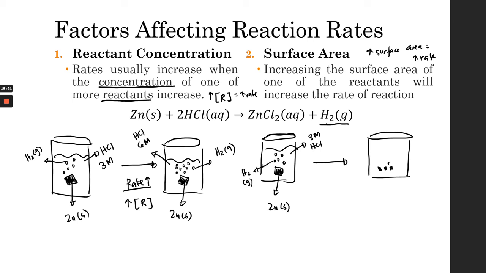So we ground it into smaller pieces of zinc solid. What will happen is you will have an increase in the release of hydrogen, even if the molar concentration of your HCl is still the same, 3 moles. You would have an increase in the release of hydrogen gas because the zinc solids now have an increased surface area.